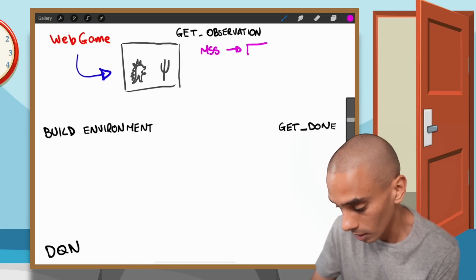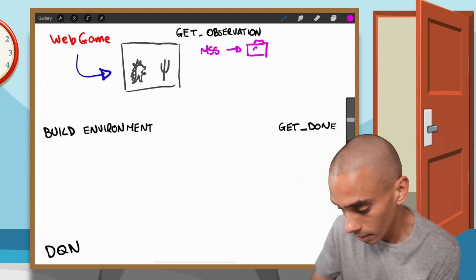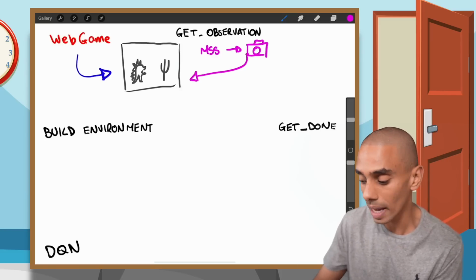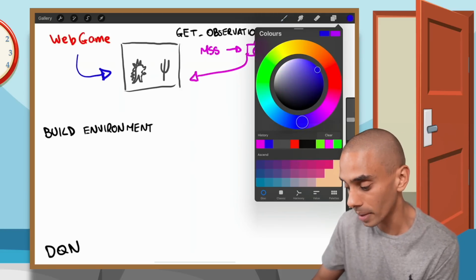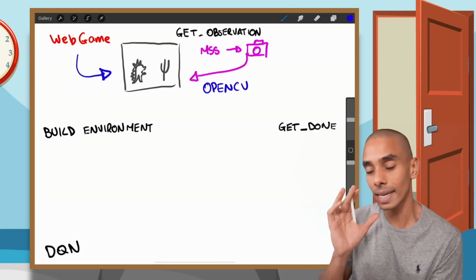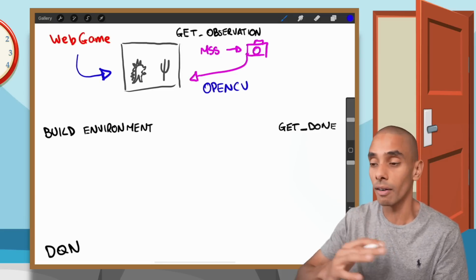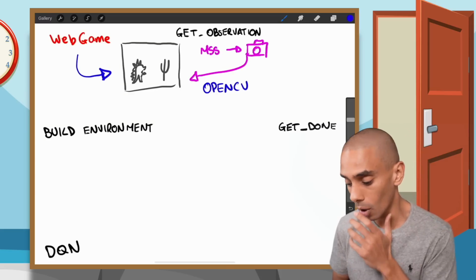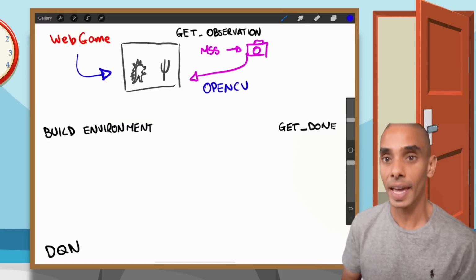So imagine we've got our camera taking photos of our web game, which we'll then be able to apply through OpenCV to do a little bit of pre-processing to get the exact type of frame shape and frame output that we actually want for our deep learning model. So we're going to run that through OpenCV.